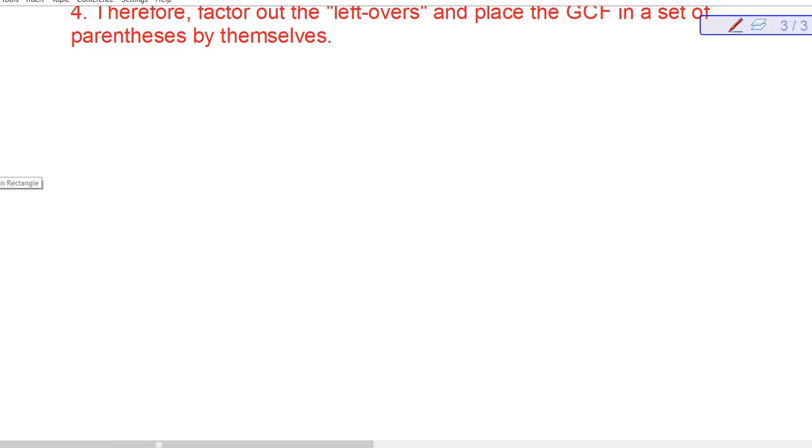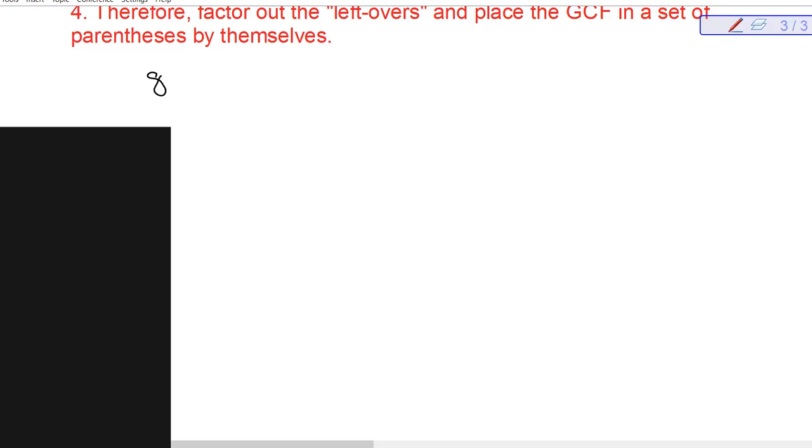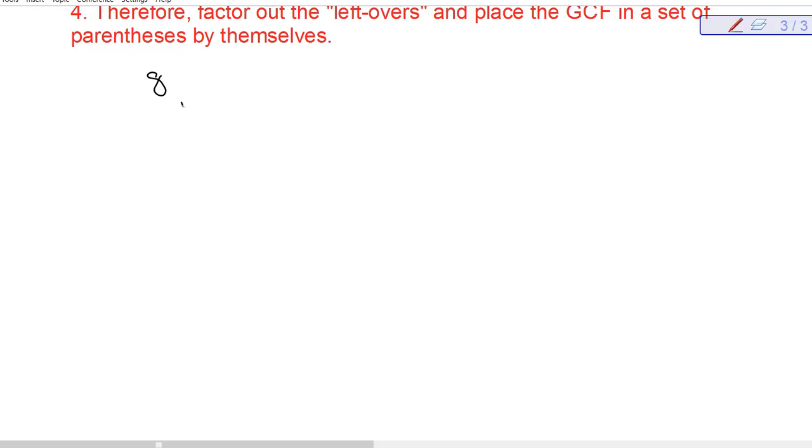And let's see. If I start with 8a squared minus 4ab plus 6ac minus 3bc.